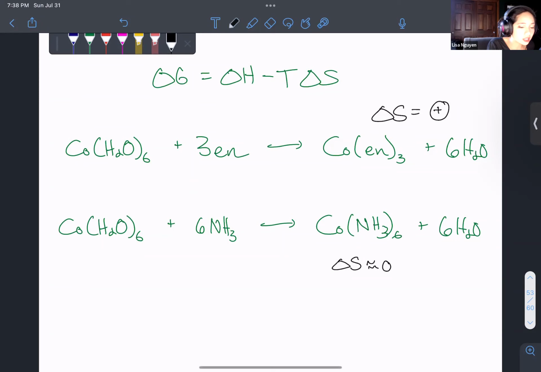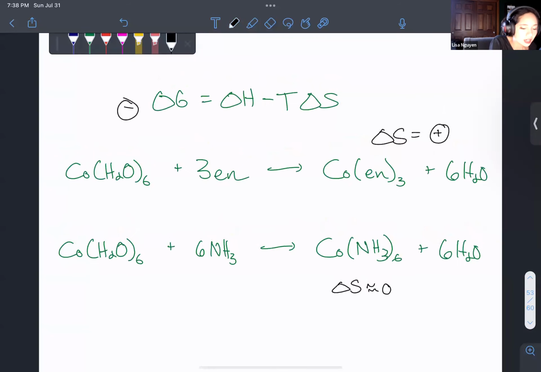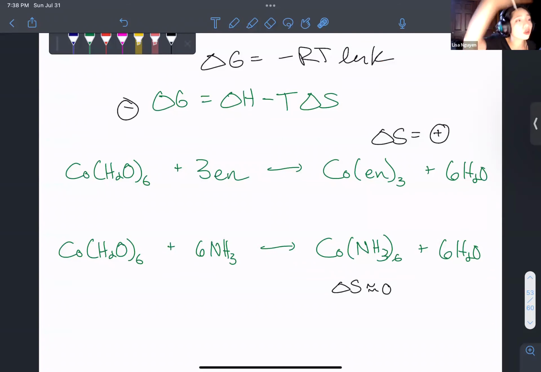If you remember, delta G equals negative RT ln K. If delta G is very negative, K is going to be a large number. So the positive entropy value for the chelate effect gives you a more negative delta G, which gives you a larger value of K. That's how that works.